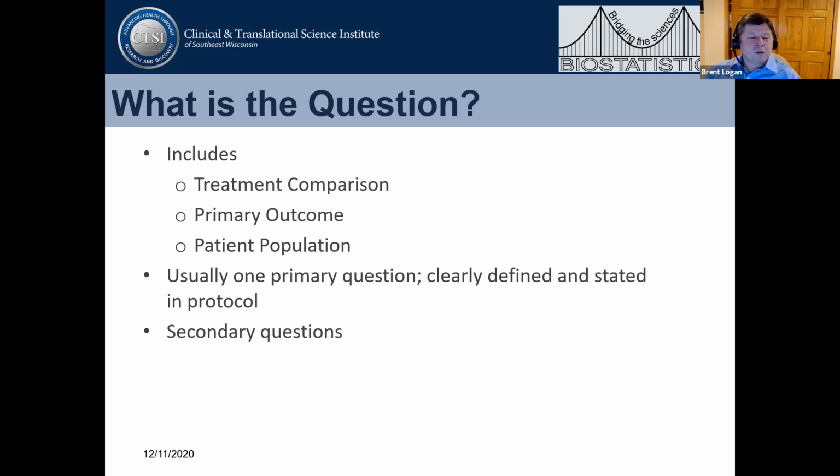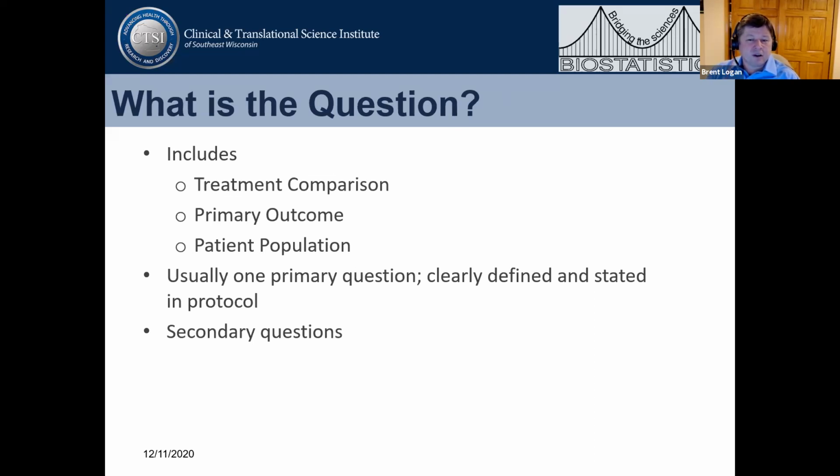So what is the question? That's the first thing you want to think about when designing a phase 3 trial. That involves 3 components: the treatments that you're comparing, the primary outcome variable that you're comparing them on, and the patient population. In a phase 3 trial, there's typically one primary question that is clearly defined and stated in the protocol.